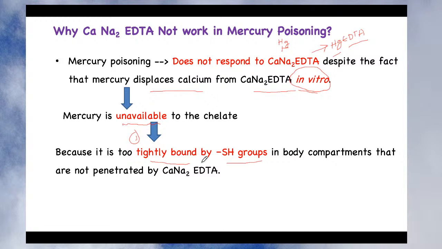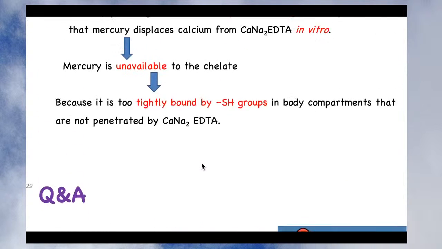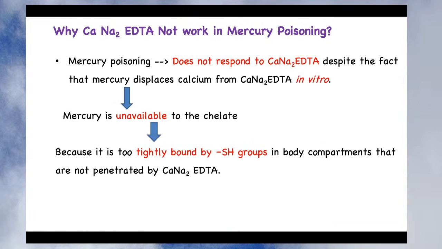So mercury is not available for chelation. Although mercury forms a complex with calcium disodium EDTA in vitro, it does not in vivo, and that is why calcium disodium EDTA does not work in mercury poisoning and is not given to such patients.